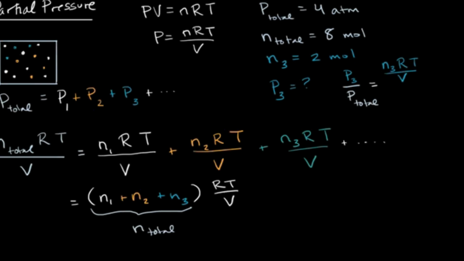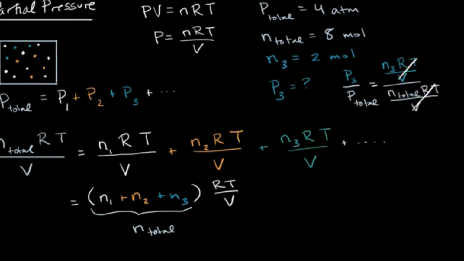And then the total pressure, well, that's just going to be this expression. So the total number of moles times the ideal gas constant times that same temperature, because they're all in the same environment, divided by that same volume, they're in the same container. And you can see very clearly that the RT over V is in the numerator and the denominator. So they're going to cancel out.